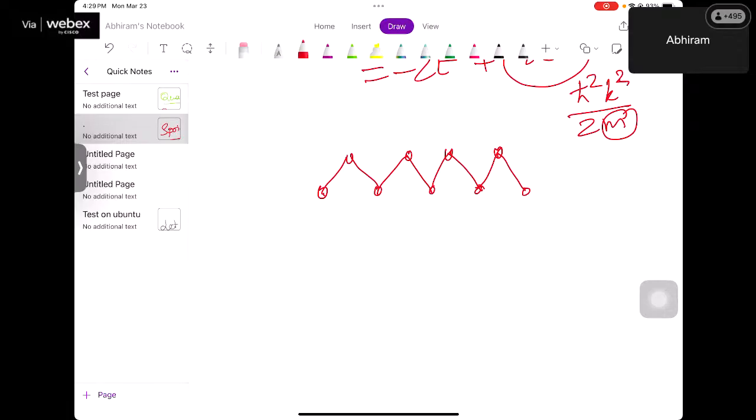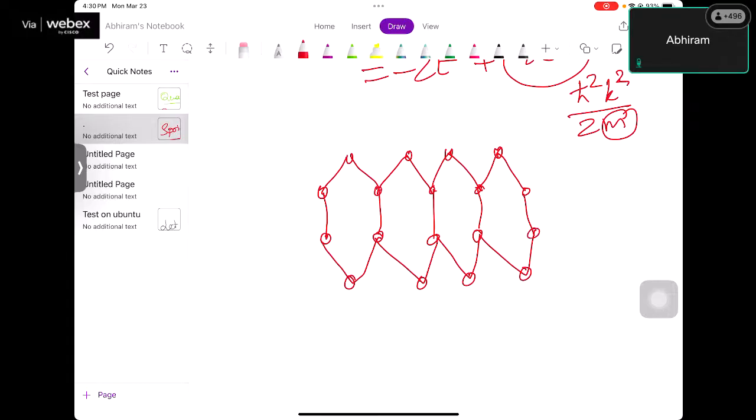It's something like this. And it will continue, the same structure, in all directions.